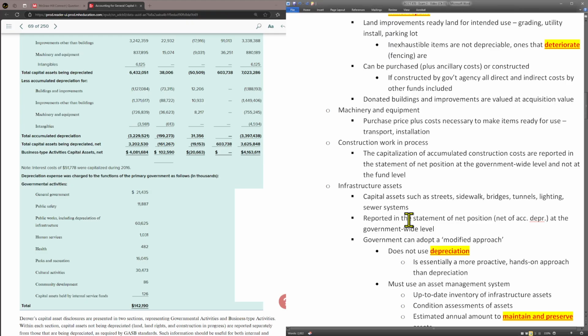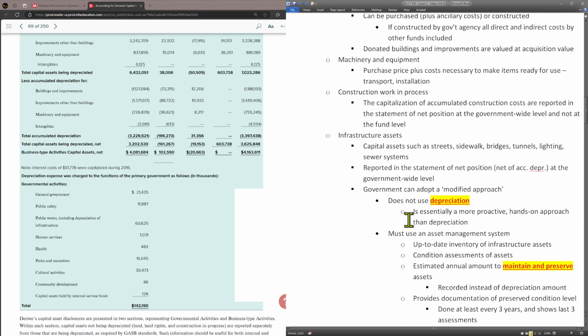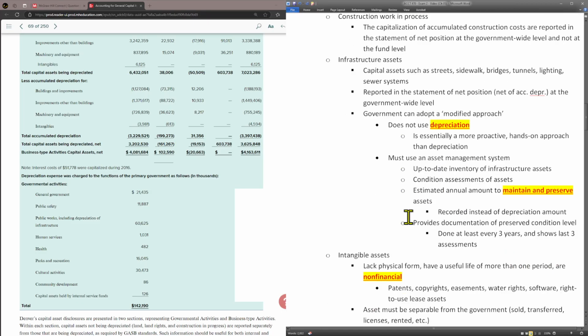We don't have that in the general fund or here in the capital projects fund. Infrastructure assets, so streets, sidewalks, bridges, tunnels, lighting, sewer systems, all that stuff, are reported in the statement of net position. Again, that's the government-wide one.